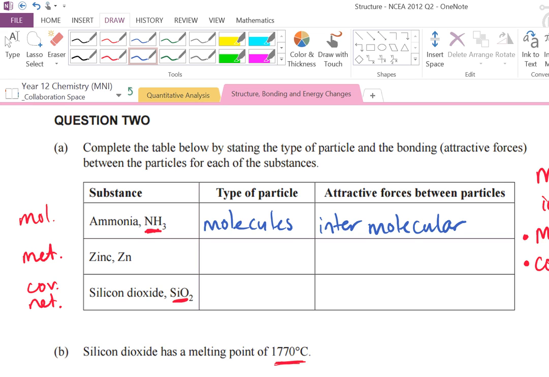Or you could call them cations and valence electrons, or a sea of valence electrons, which helps explain their electrical conductivity better. In a table like this, either are going to be accepted. Because of the habit I've got into, I'm going to call them cations and valence electrons. Actually, I might say sea of valence electrons. The attractive forces there, it's a metal, so they are metallic bonds.